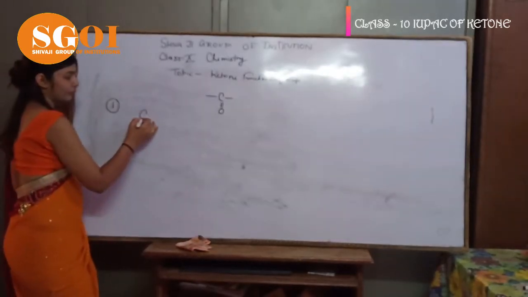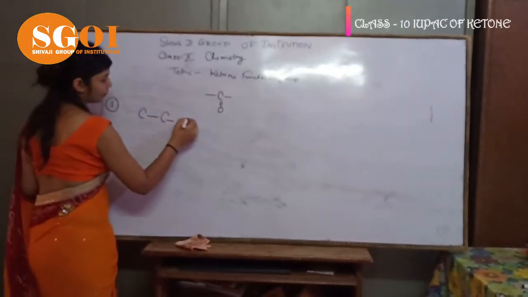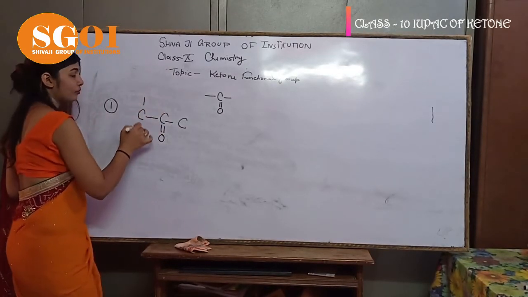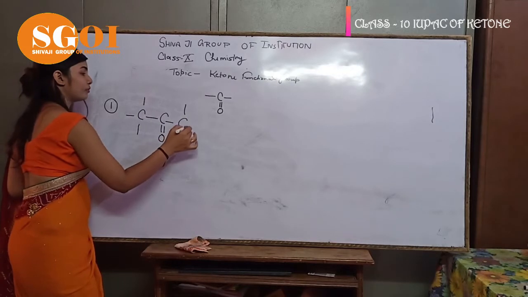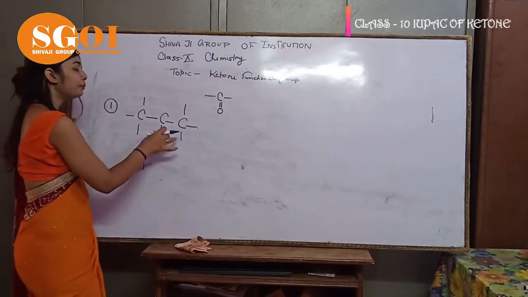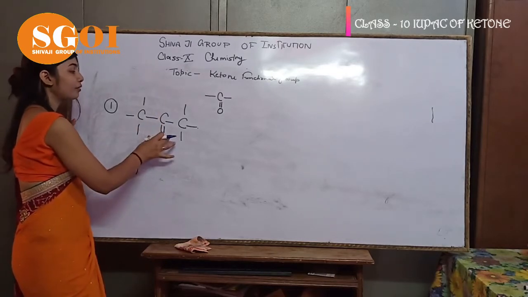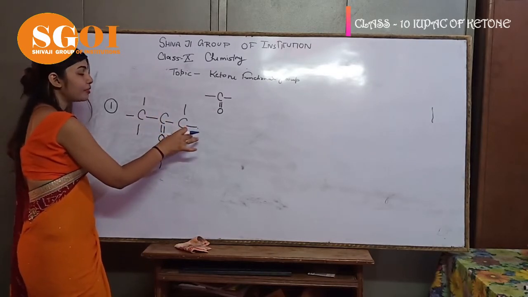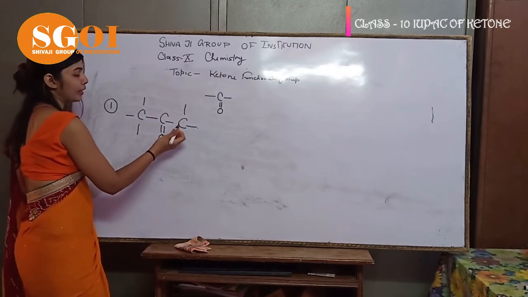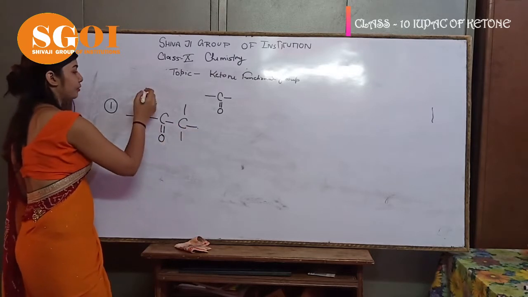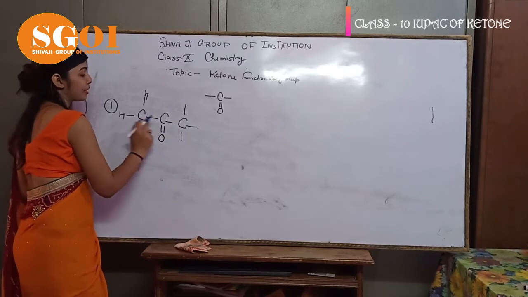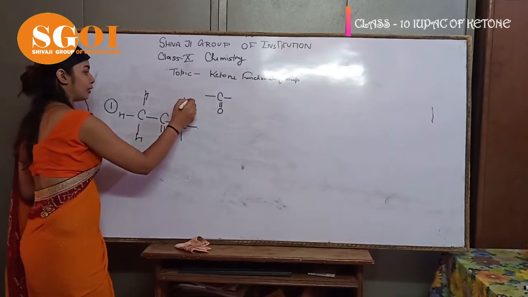For example, that is a single functional group which is in between. It has 2 carbon atoms present on the sides, the first carbon atom on this side and the second carbon on this side. And the CO functional group is present in between the 2 carbon atoms.